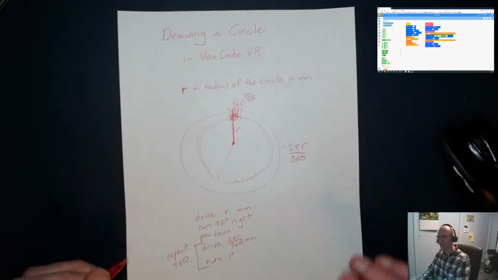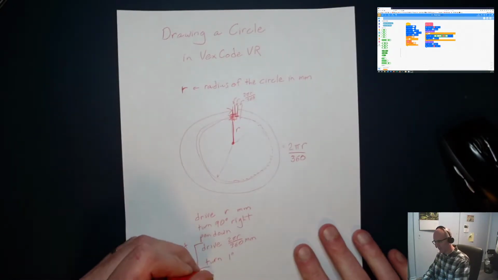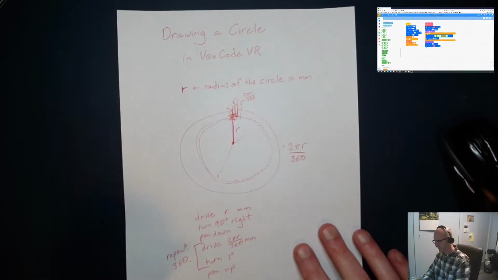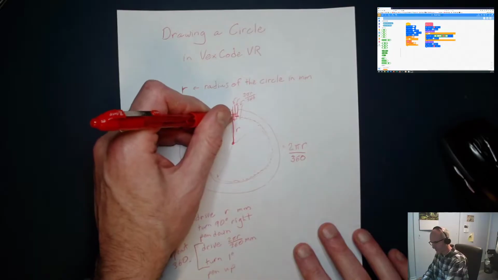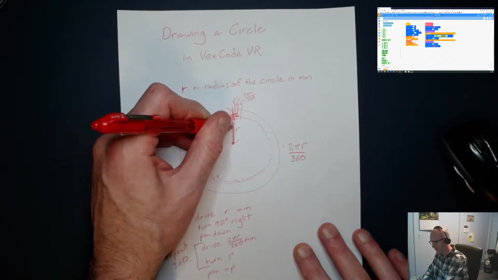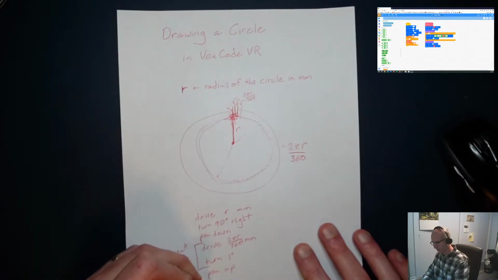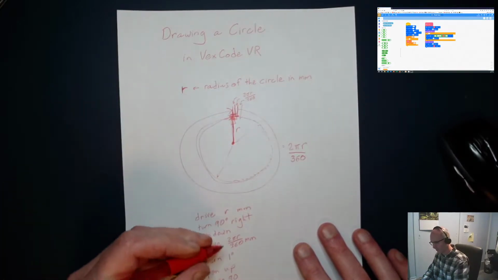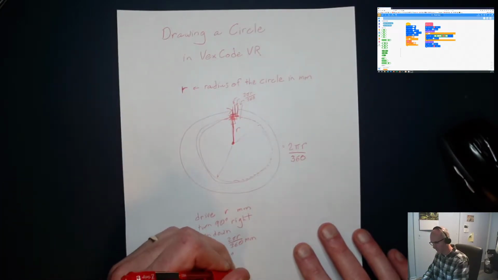Now, after you've done 360 segments like that, you'll have come all the way around the circle and you'll be right here. You're not quite back at your starting point, so you can go pen up. Then we turned 90 to our right up here. If we turn 90 to our right again, we'll be facing back to the middle. If you turned left to get started and drew your circle coming this way, you're probably going to want to turn left now.